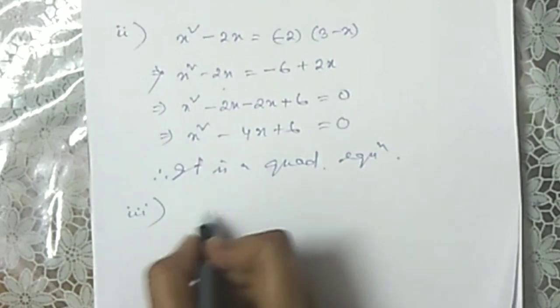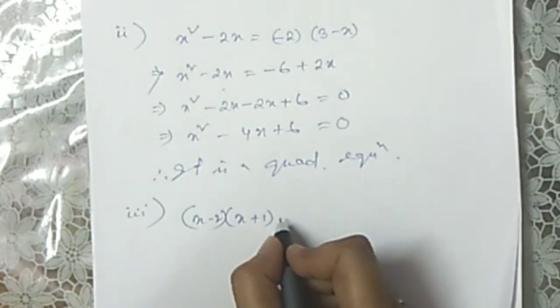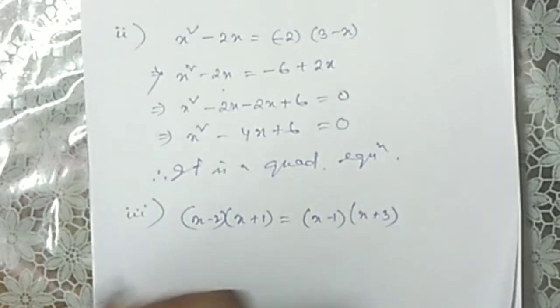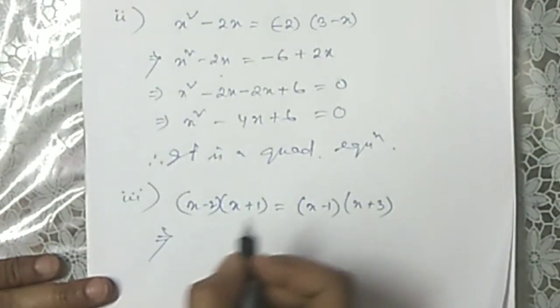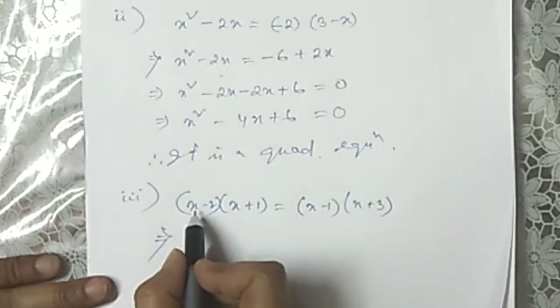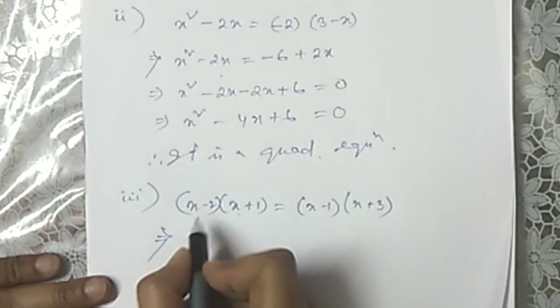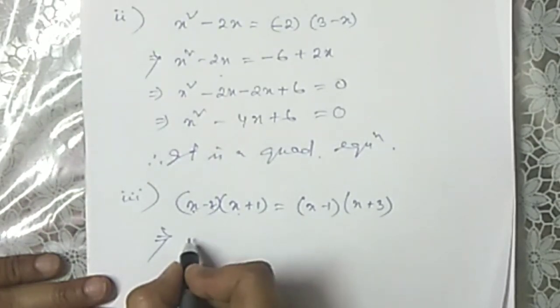Number 3, (x minus 2) whole into (x plus 1) is equal to (x minus 1) whole into (x plus 3). Now for calculating this, you calculate both sides. Either you can use the formula or you can multiply, like x with both and minus 2 with both.